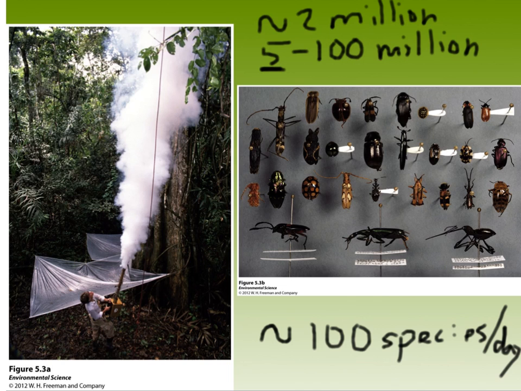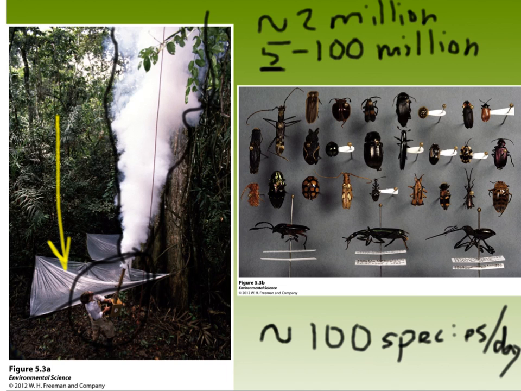In this figure you see this person with a fumigator in the rainforest, sending pesticide up into this tree. He has a tarp down here, and anything in that tree, particularly insects, because it's insecticide, is going to end up falling into that tarp, and then he can count those up and determine the number of different species, like you see here.